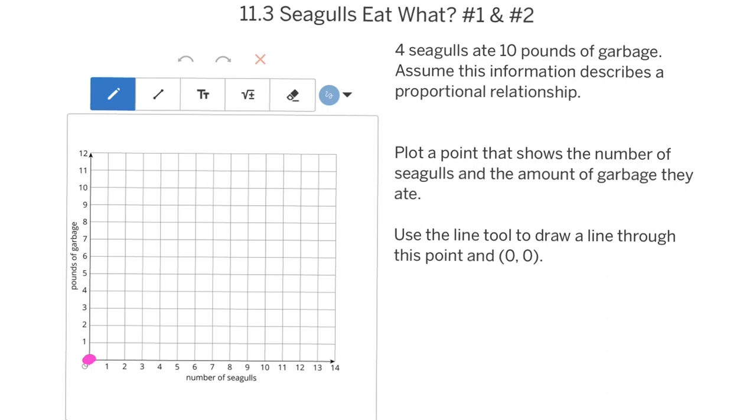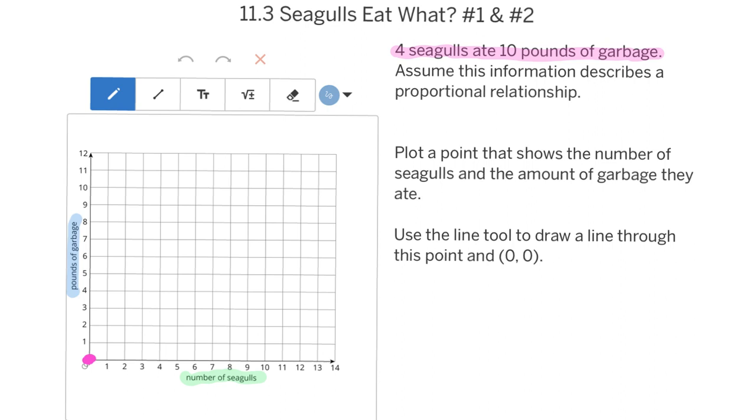Okay. The other relationship they give us is that if we have 4 seagulls, they're going to eat 10 pounds of garbage. One thing I'm going to do is take a peek at what my x variable is. So we have here x is the number of seagulls, and my y variable is the pounds of garbage.